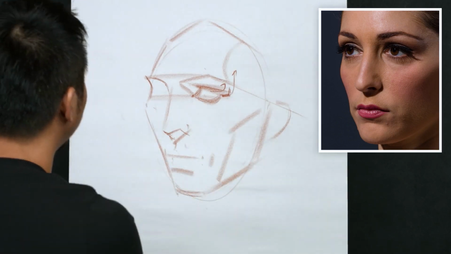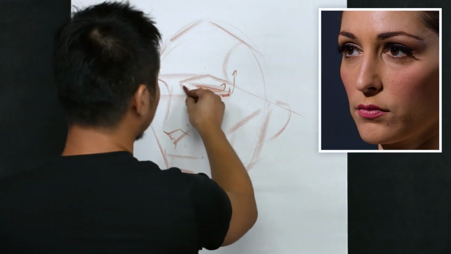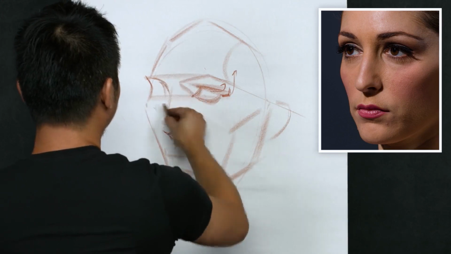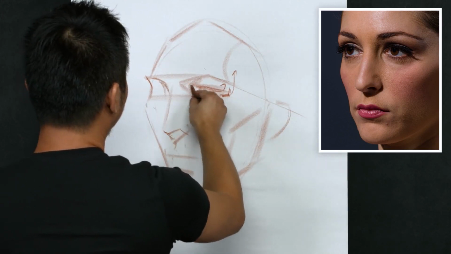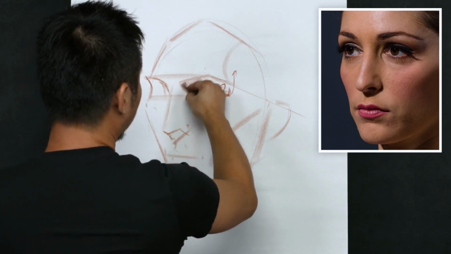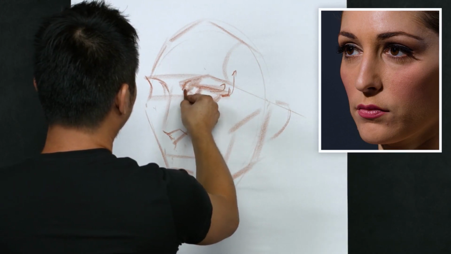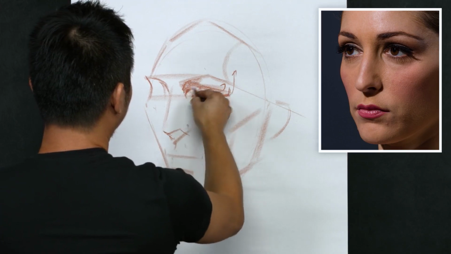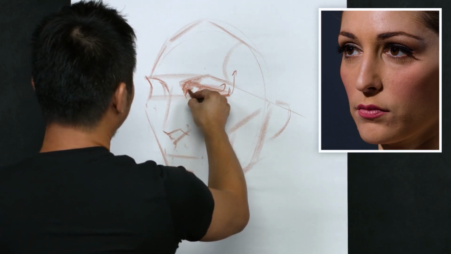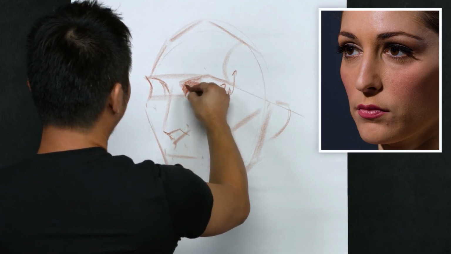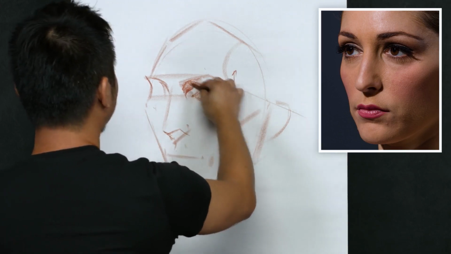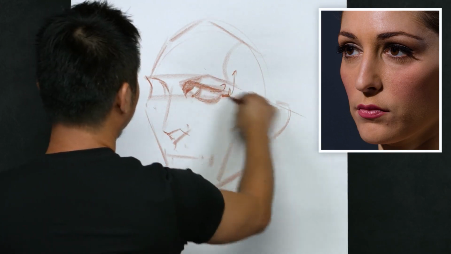That's a lower eyelid. Here is the keystone. Here is the other keystone. Right, see how that paper strip wrapping idea comes in like this.